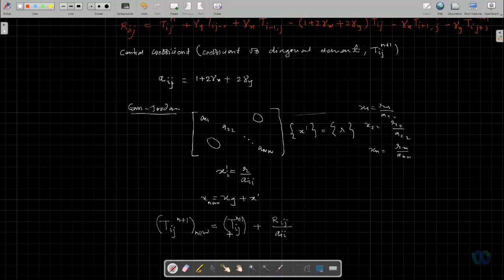Okay, you got it? So the first time this can be a Gauss value. Tij n plus 1 is equal to some 0. So at first time, this Gauss value, Tij Gauss value will be 0, and you will get some new value.